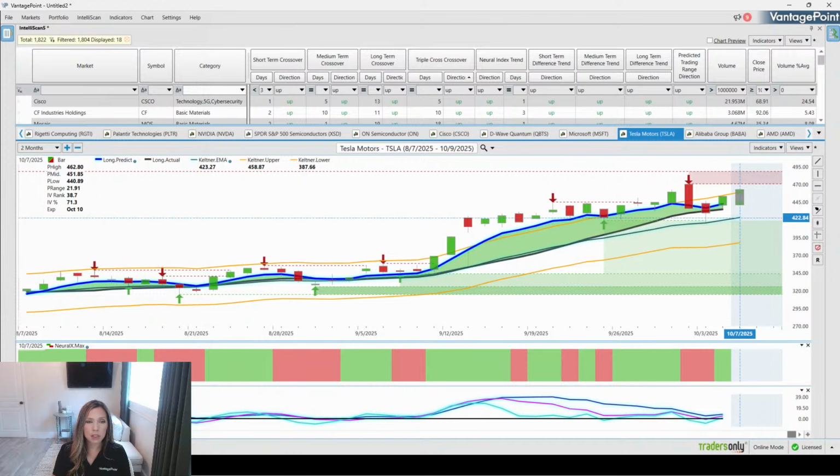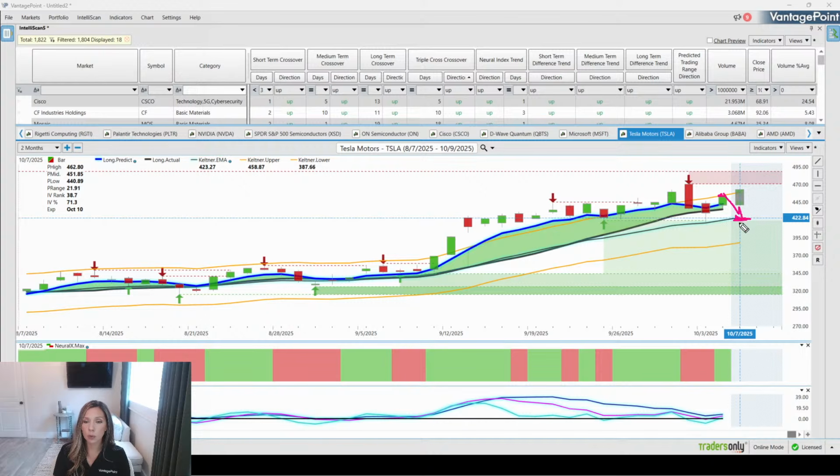So if we bounce off of that upper Keltner, so I'm just trying to find my pen, guys. There we go. All right. So if we, again, still close below, the likelihood of a retracement back down to that center Keltner channel line would be high. Now that is a 20-day predictive exponential moving average, also known as a strong level of support as well.